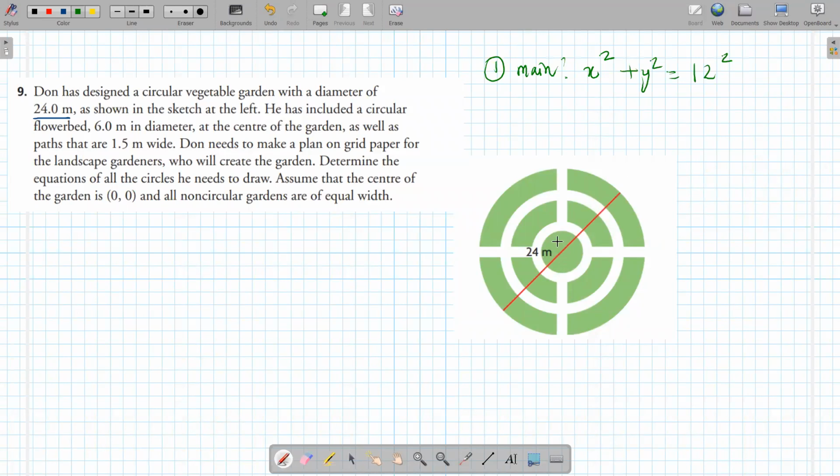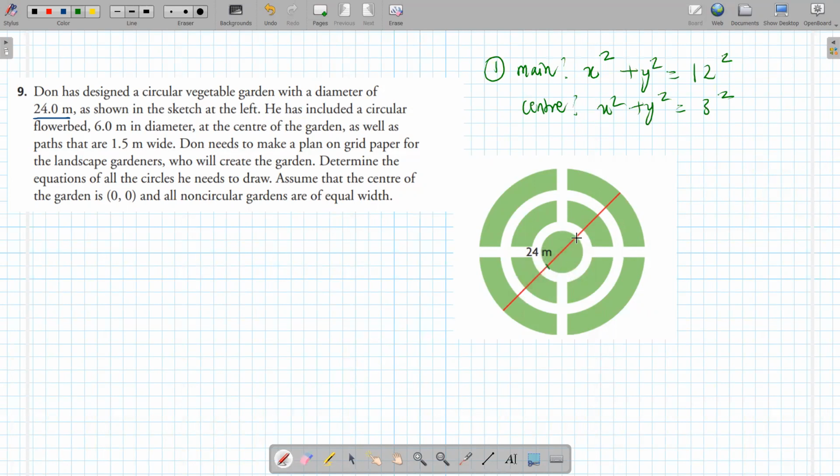Now let's look for the smallest circle, which is here in the center of the garden. That thing has a 6 meter diameter. So from here to here, it's 6 meters. So what's the equation of that? It's 3 squared. What else do we know?